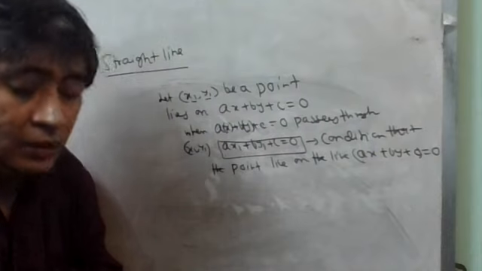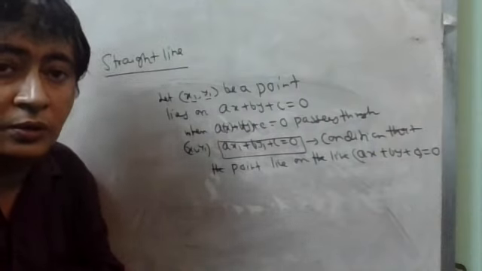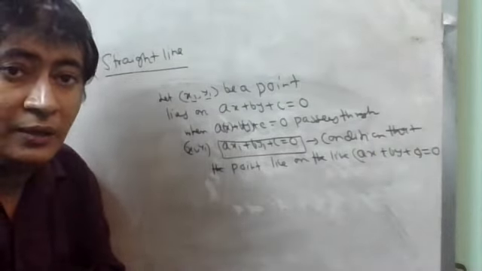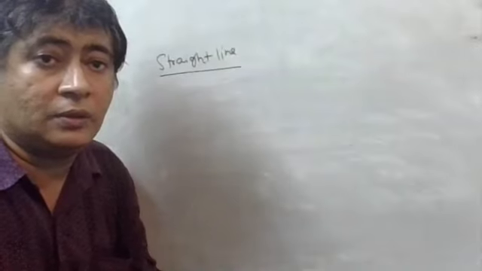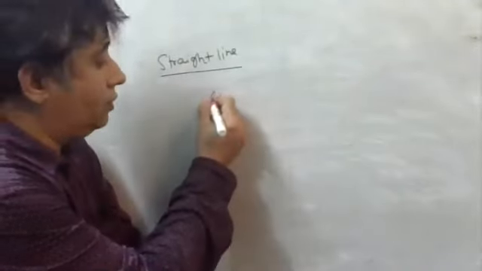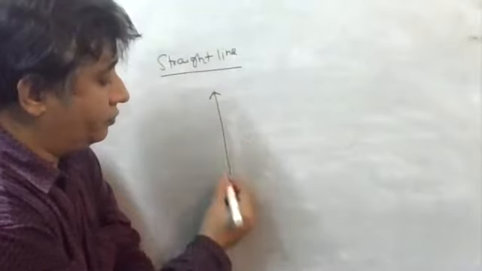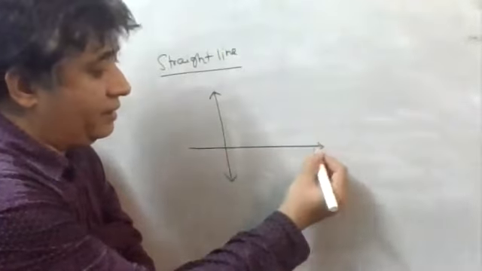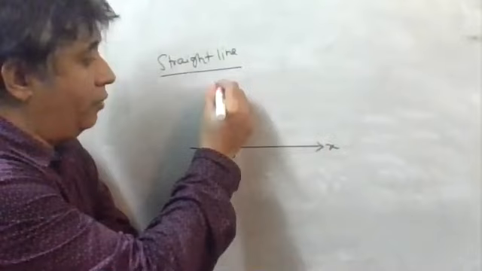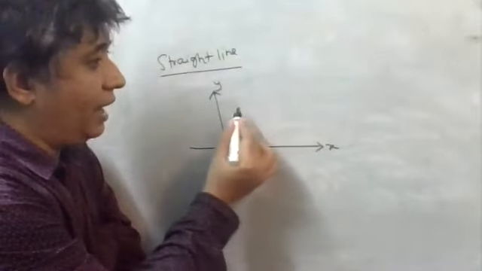Okay, hope you understood. Now I'm writing this part. Now let us draw the coordinate axis x and y. There is a line.